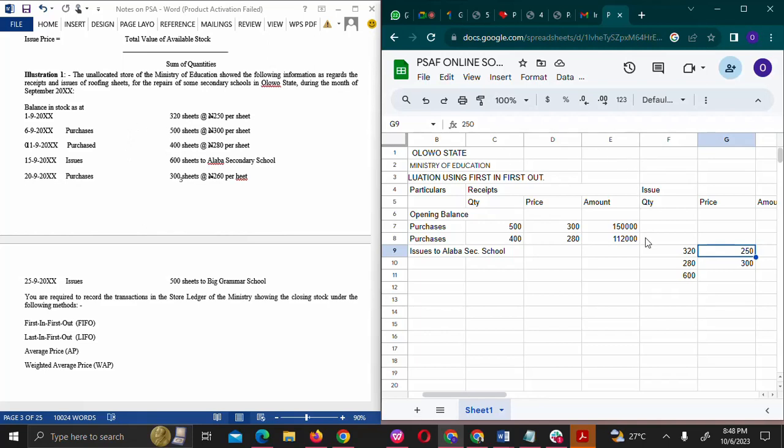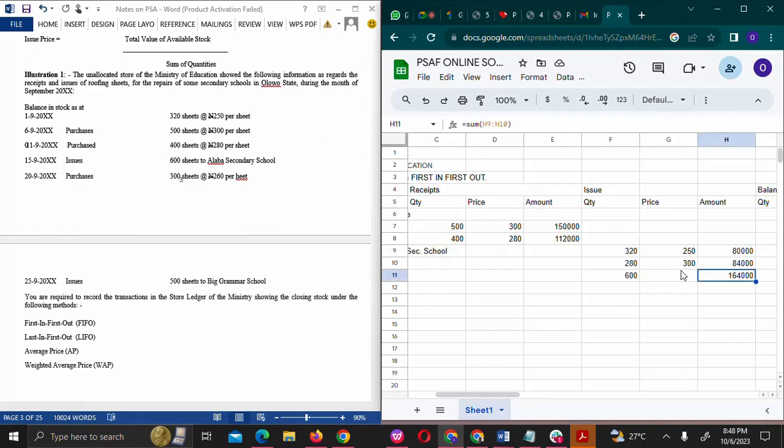And then to complete 600, you have 280 units left. So you do 280 times 300, and that will give you 84,000. And that gives you a total of 164,000 for issue. So it means that to make up the 600 you have to issue 320 at the first price and the balance at the next price. Does it make sense to you?